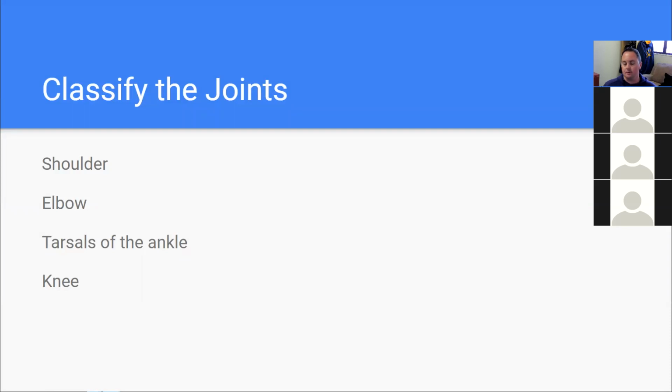By tomorrow night, midnight tomorrow. Do you make up the examples? You can't really make a joint, but a hinge joint is the elbow.